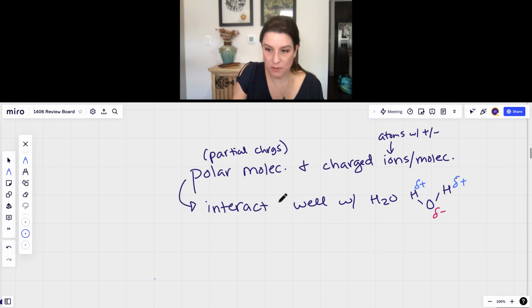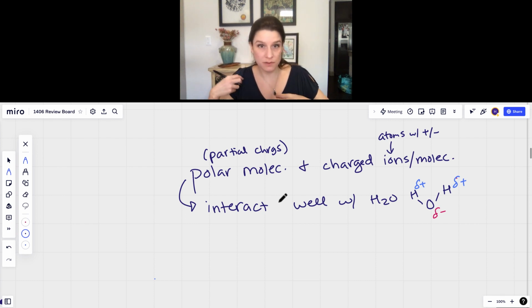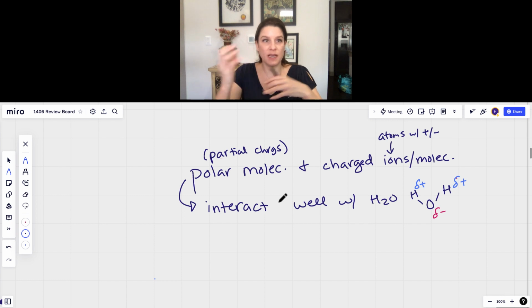So that's why you can dissolve polar molecules like glucose in water. That's why cellulose, which is a carbohydrate, all carbohydrates are polar, is good for towels and cotton because it'll absorb the water from your skin because of those hydrogen bonding. That's why you can dissolve sucrose sugar in water.